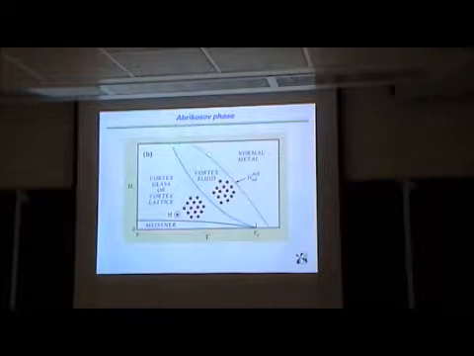Now, in a type 2 superconductor, if you apply a magnetic field, then you induce a phase transition to this vortex phase where the magnetic field penetrates the material in the form of these quantized flux tubes.